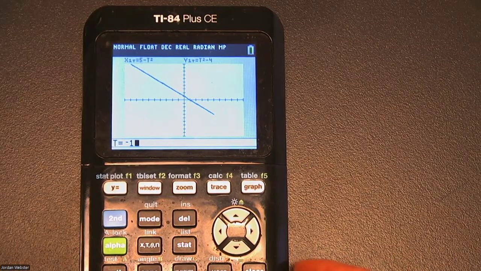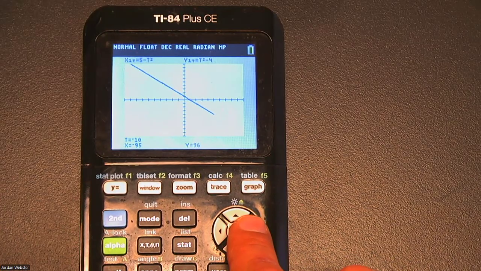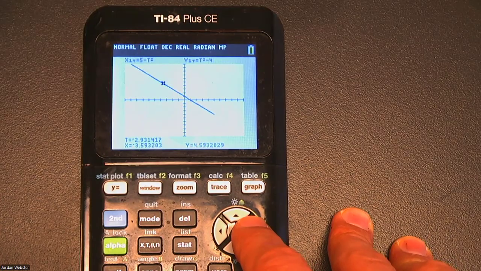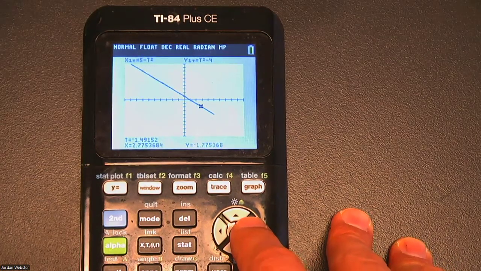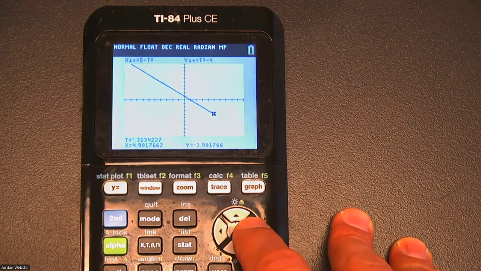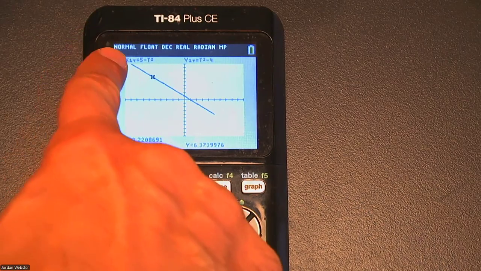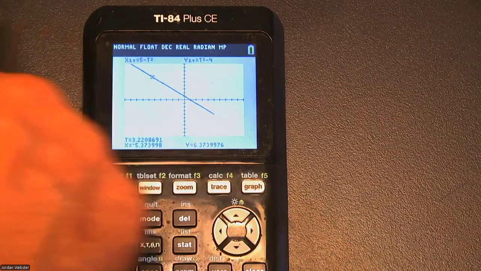Now let's graph. Here I'm going to start at negative 10 and then start increasing. Notice that when t is negative and I'm increasing, I'm going down and to the right until we hit 0. And then it goes back up and to the left. You see that? So it basically traveled down, hit this point, and traveled back up.